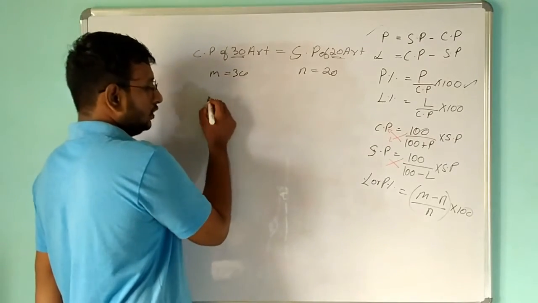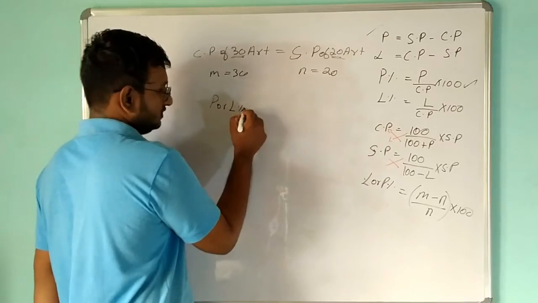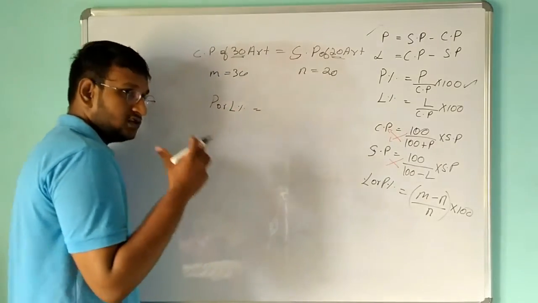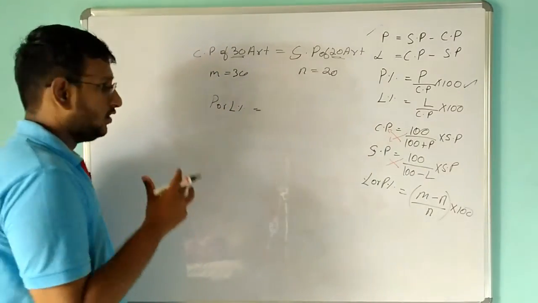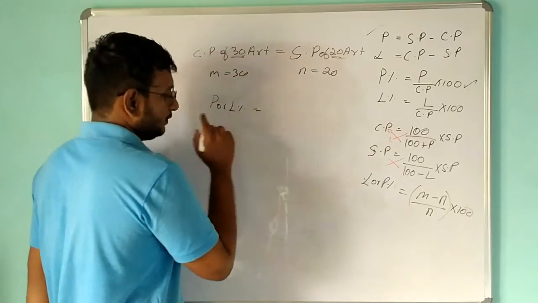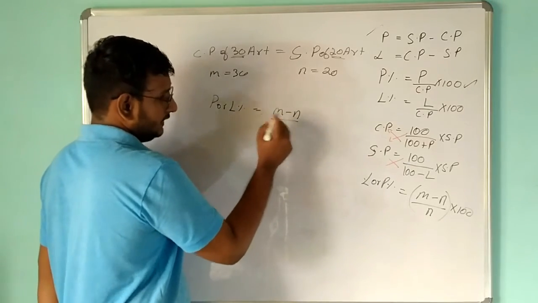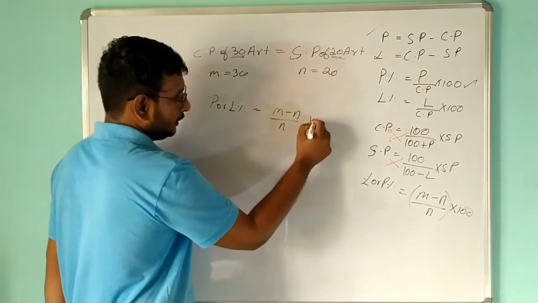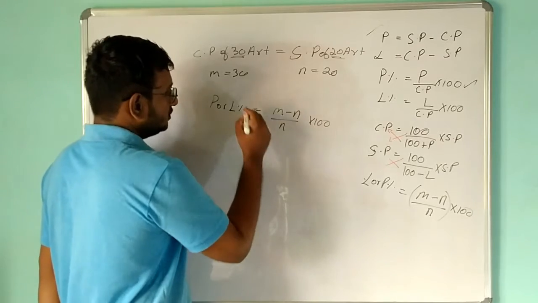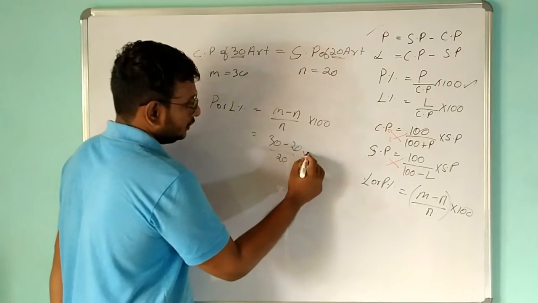So what we are going to do, profit or loss percentage, let's assume we don't know what is going to be gain or loss in this particular transaction. So profit or loss percentage is equal to m minus n divided by n into 100, right? So m is equal to 30 minus 20 divided by 20 into 100.